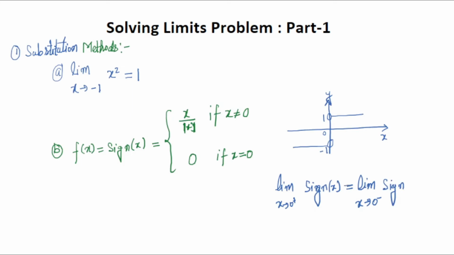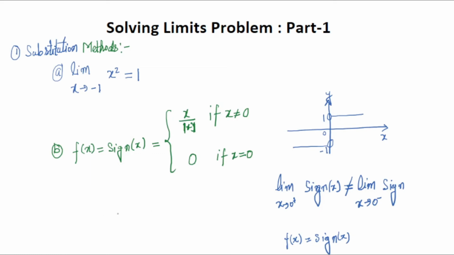And if they are not equal, we know that there is a break in the graph of that function. Here, if they are not equal, what can we say about the function f(x) is equal to sgn x? This function is not continuous at x is equal to 0. There is a break in the graph.